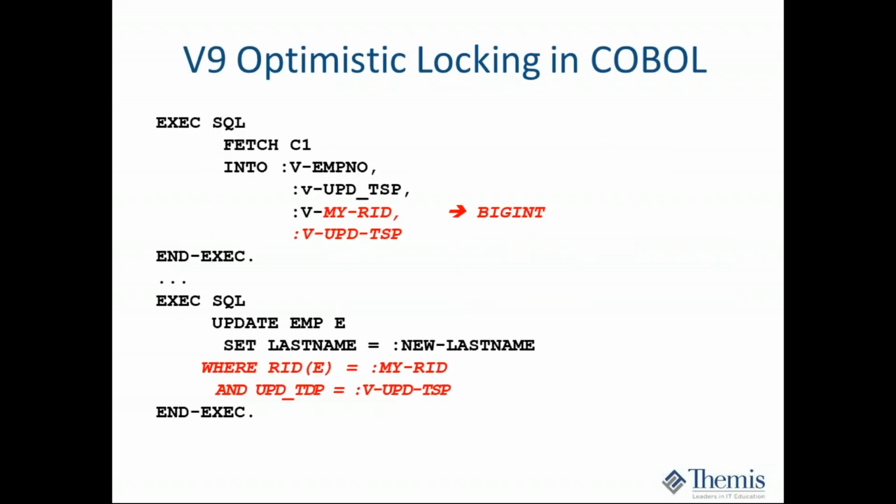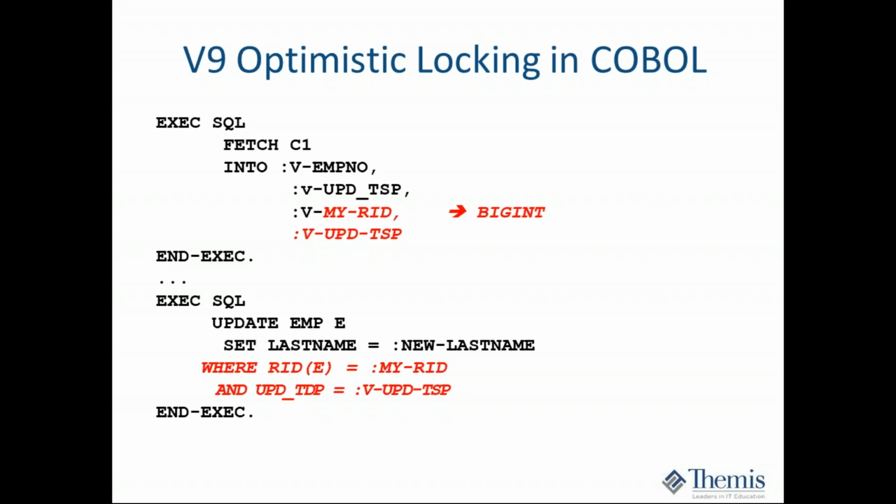So this is where we can use this update timestamp. It's called optimistic locking. When we fetch our data, let's bring the updated timestamp that's there on that row. And when I go back to update it with my RID function, let's make sure that update timestamp is what I had when I fetched it.